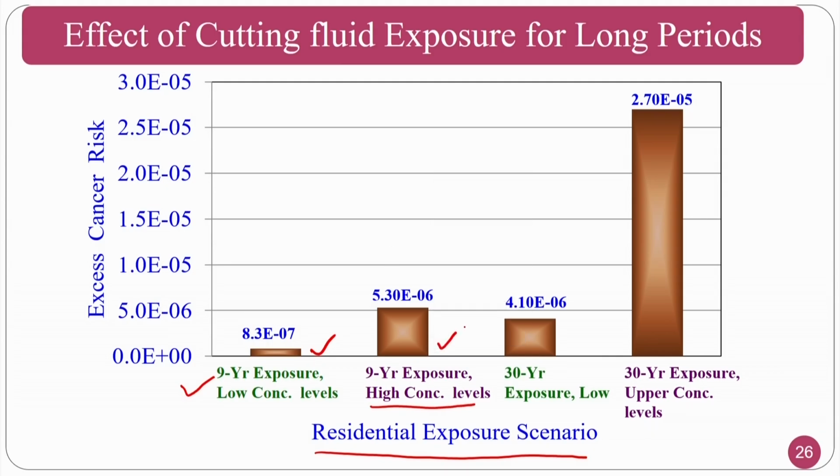And for 30 years of exposure, normally this is a risk, and if the person or the locality is exposed to higher concentrations for 30 years, you can see an enormous increase of cancer risk.